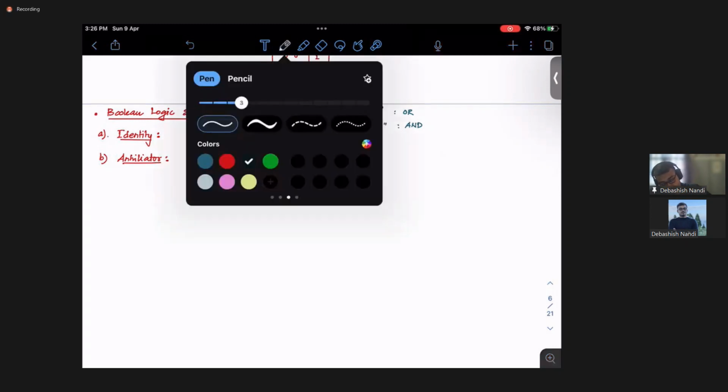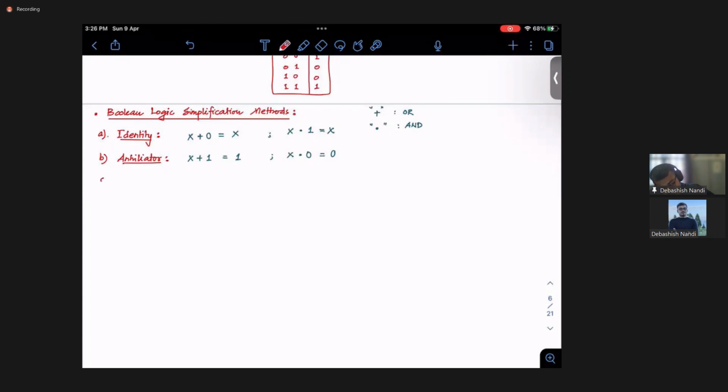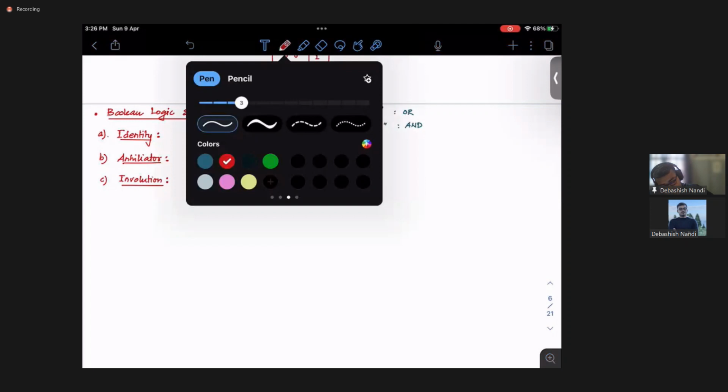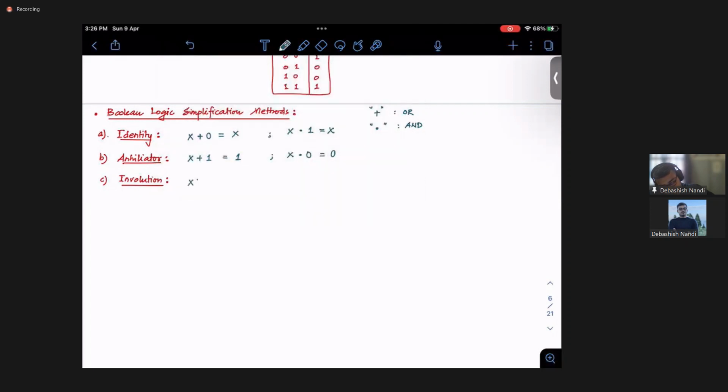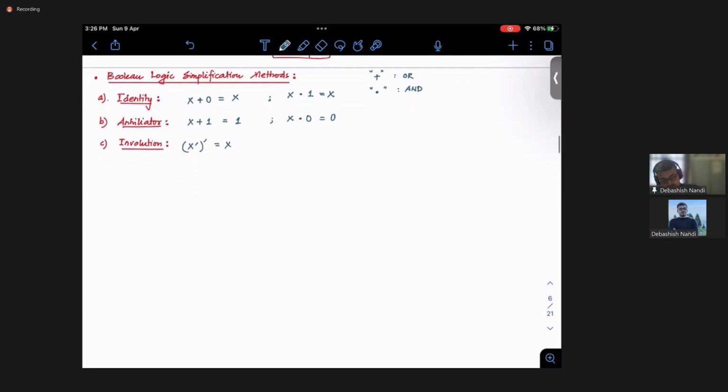So the next property, let me write it down, is called involution. Okay. And what does involution say? x prime means not x, and again if I take not, it returns nothing but x, right? This is pretty easy to visualize.